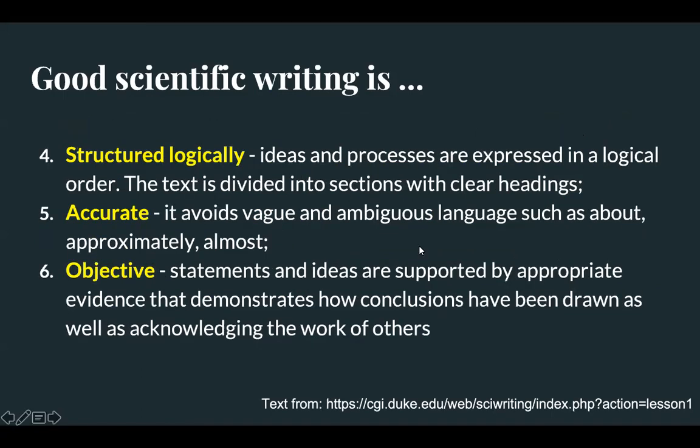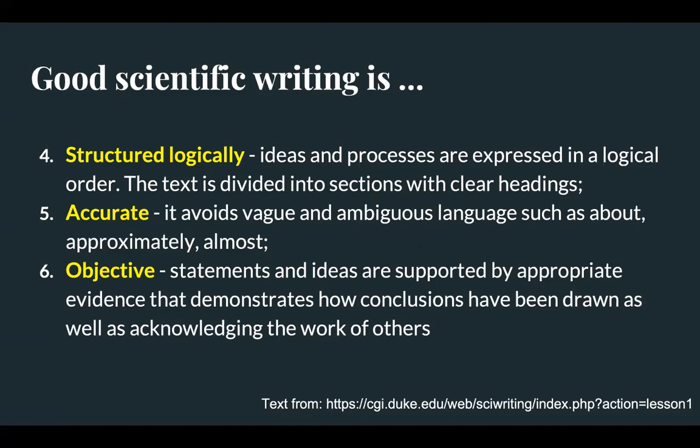You want to structure your writing logically, so present ideas and processes in a way that is logical, in a way that people can follow, especially when you're writing about your methods so that it's easy for people to reproduce. It's accurate, so it avoids vague and ambiguous language. If you have estimated something, say this is the estimate.